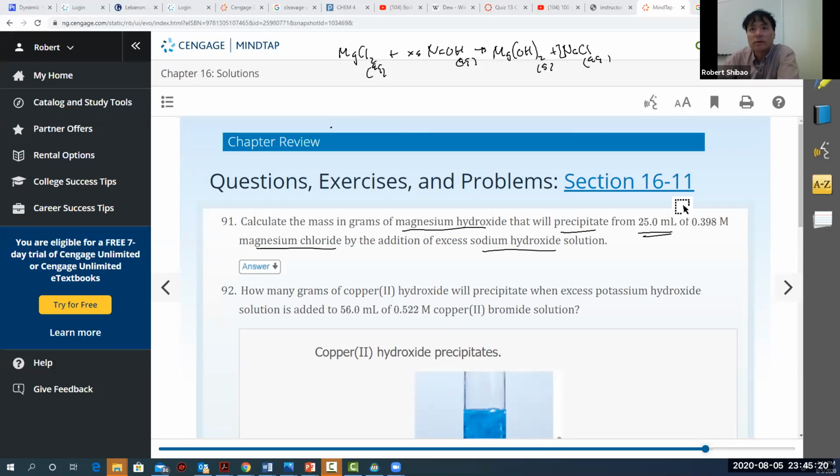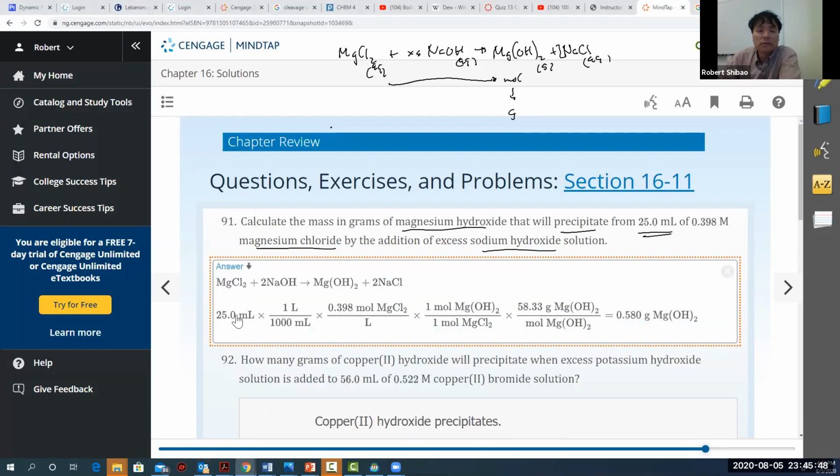Then once we have moles of magnesium chloride, we're going to go to moles of magnesium hydroxide, and from moles of magnesium hydroxide, we'll go to grams of magnesium hydroxide. And that's just laying out the path for this.